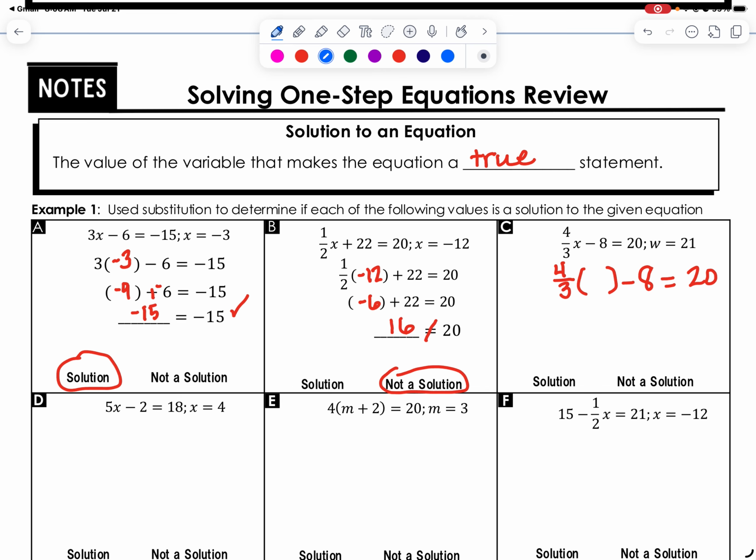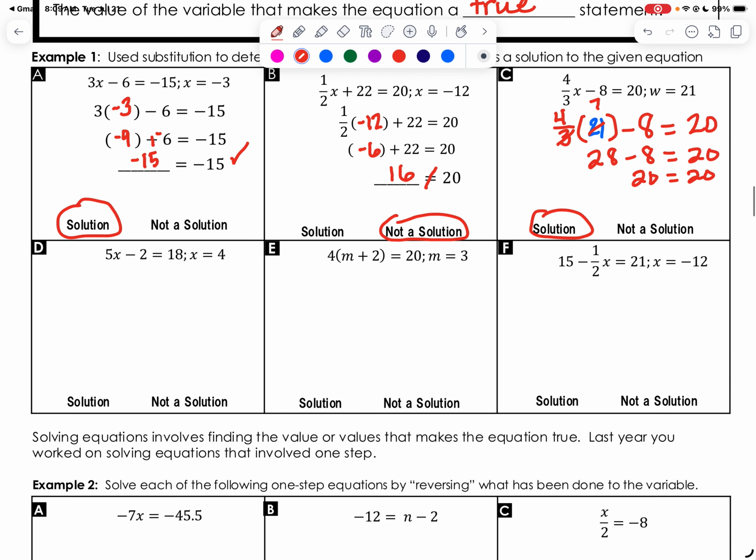And then I'll plug in the value that they gave me, which is 21. So 3 goes into 21 7 times. 4 times 7 is 28 minus 8 equals 20. Then 28 minus 8 is 20. So 20 equals 20. Therefore, 21 is a solution to the equation.